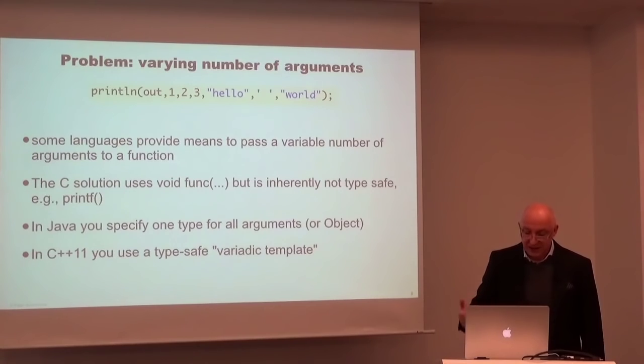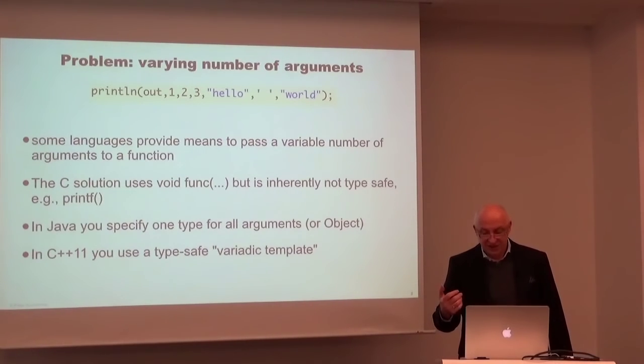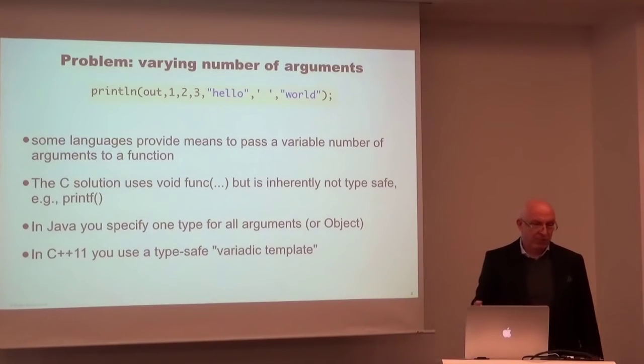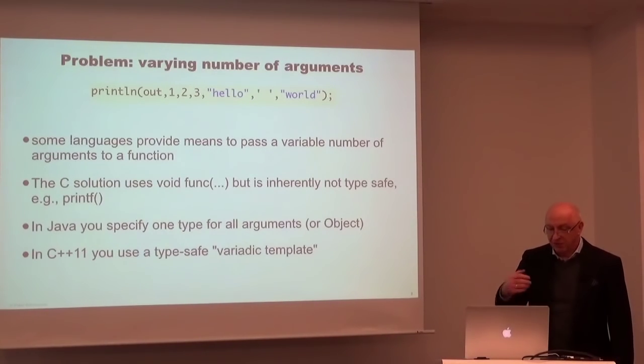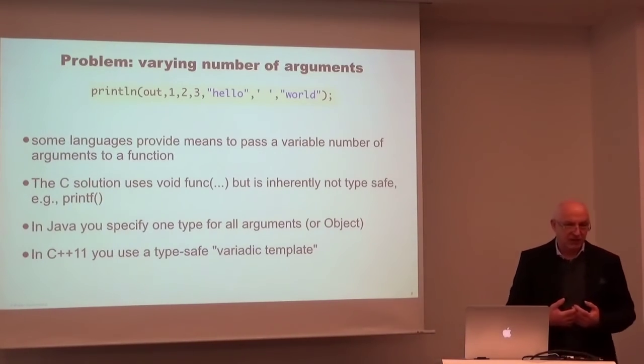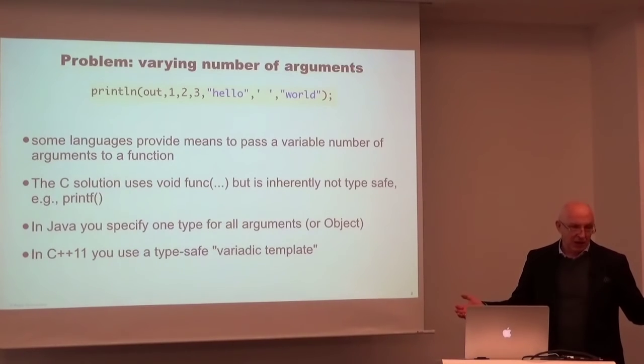That's type-safe and easy to use, easy to implement, much easier than what you might have seen in Boost before C++11, where they provided some things that looked like variadic templates, but actually were macro-generated, huge amount of overloads.